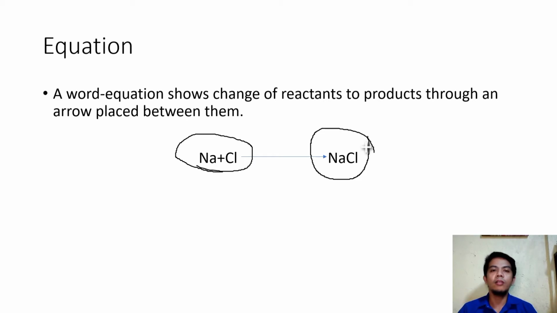The arrowhead points towards the products and shows the direction of the reaction. When sodium and chlorine combine, they will form a product of sodium chloride, or table salt.